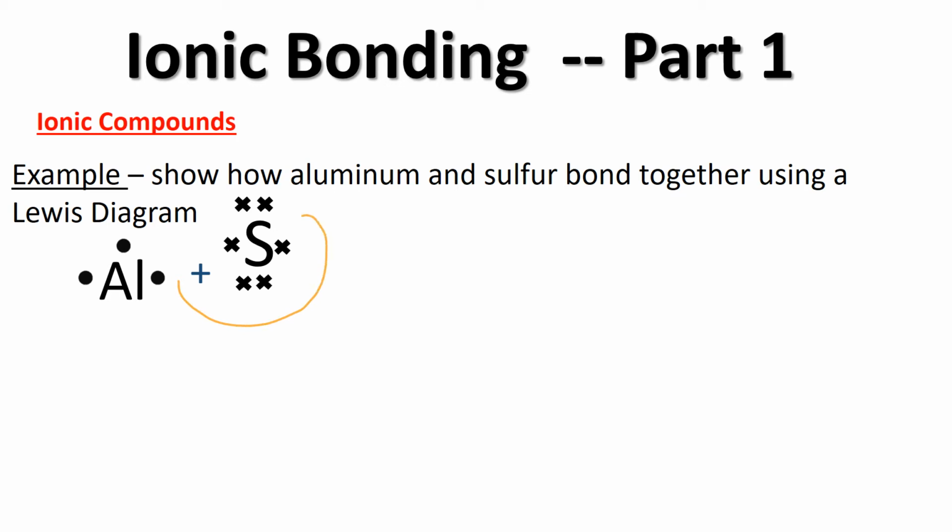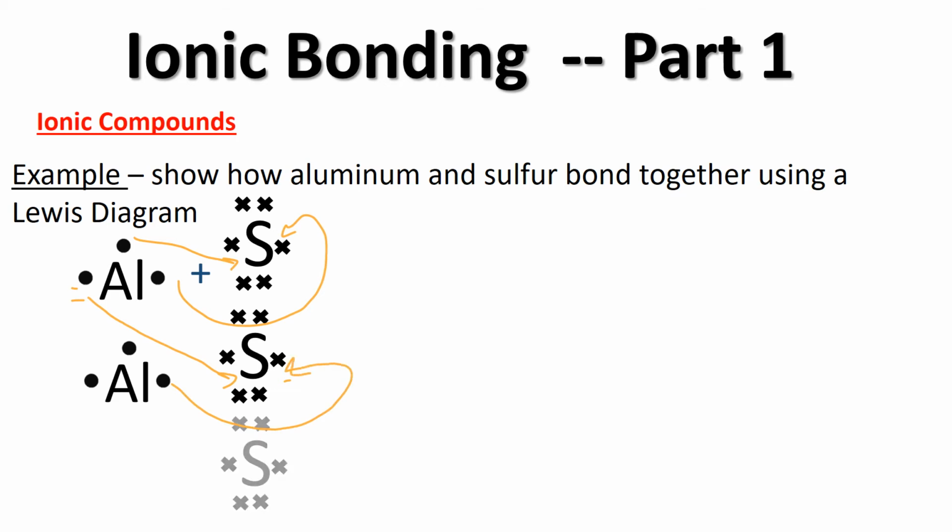What we can do is take one of those valence electrons and put it there and put it there, and aluminum still has one left. So I'll add in another sulfur, and then we can put that one there, but then this sulfur needs another one, so we'll add another aluminum, and then that one can go there, and then we got another sulfur, and this finally is working out, but it's definitely been a lot of work.